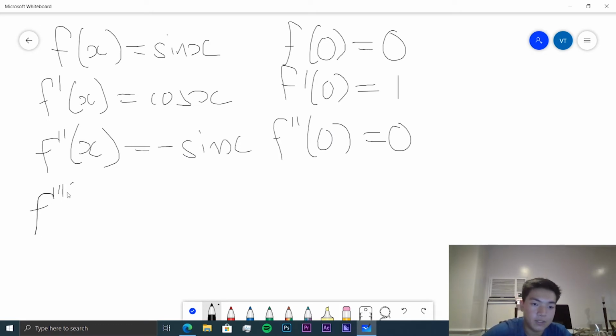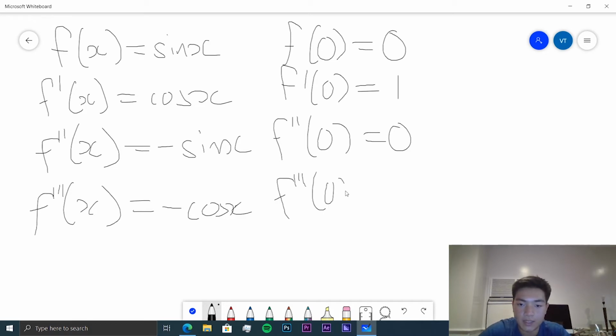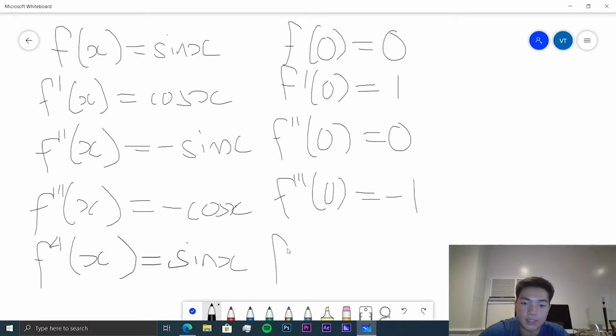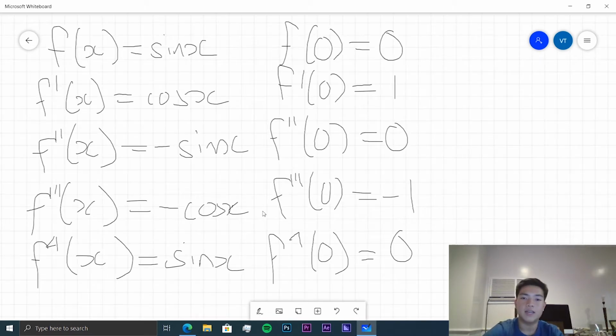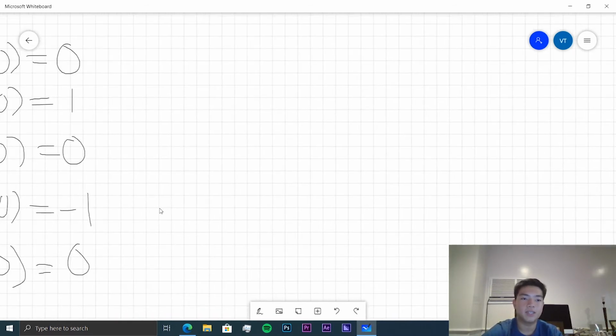Next, the third derivative of x is equal to negative cosine x. And so the third derivative at 0 will be equal to negative 1. And finally, we have the fourth derivative of x, which is equal to sine x again. And so the fourth derivative at 0 will be equal to 0. So now let's plug these numbers into the expansion.